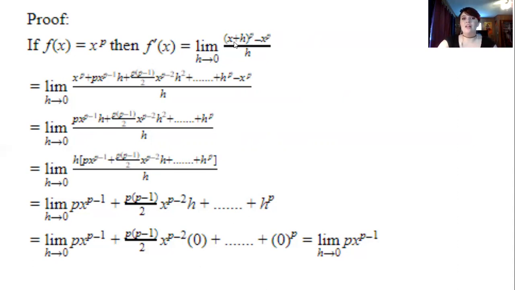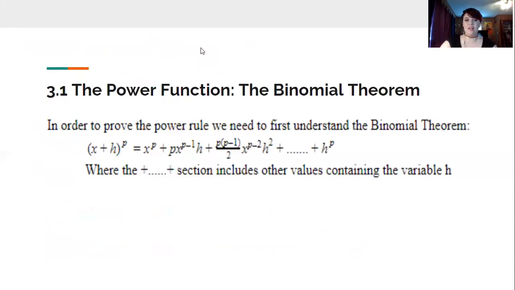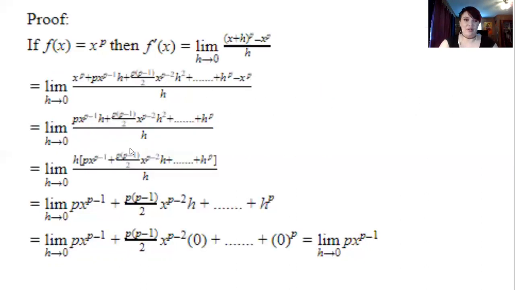And to expand this, x plus h to the p minus x to the p, we are just expanding x plus h to the p, because in this last slide, that is all this is. This is the first term in our numerator of the definition of the derivative. So let's get into it.